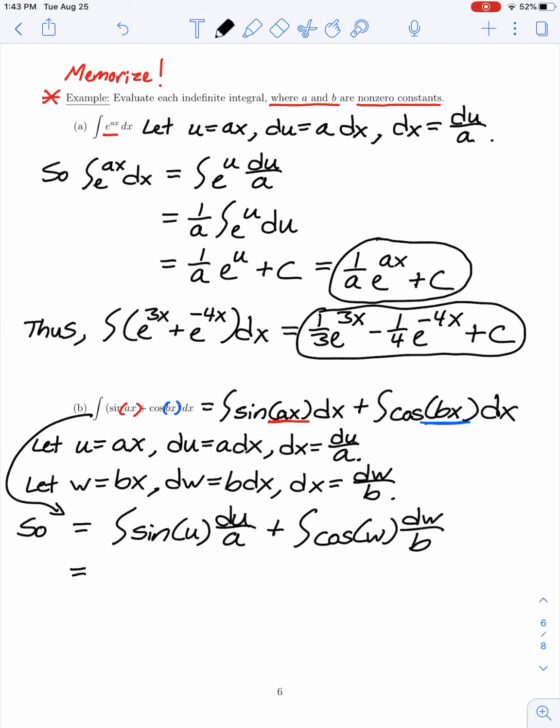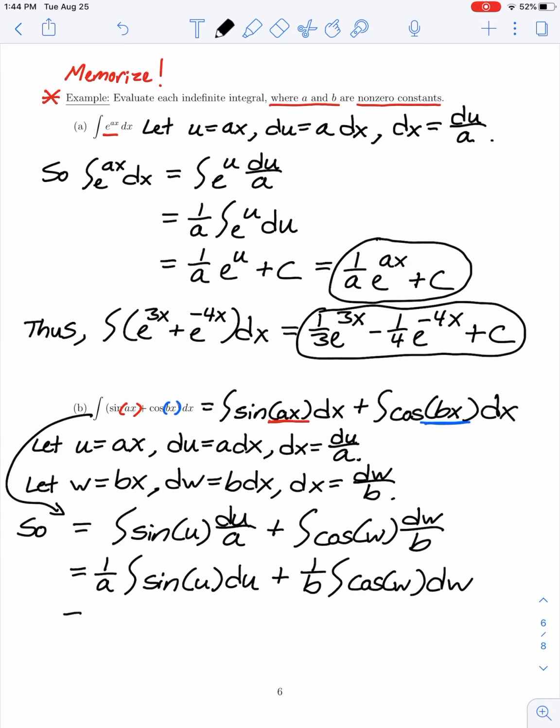So in my first integral, I can factor out a constant 1 over a. I'm left with the integral of sine of u du, plus from my second integral, I can factor out a constant 1 over b. We have the integral of cosine of w dw.